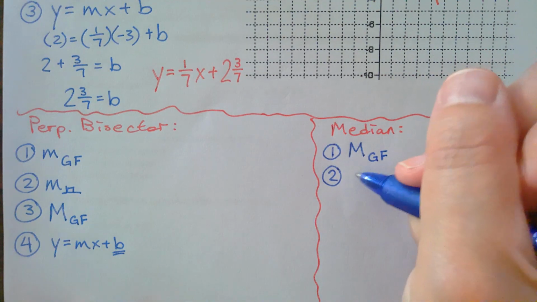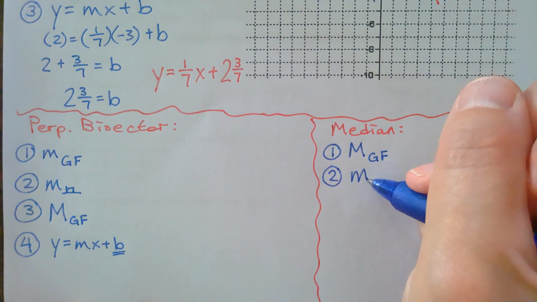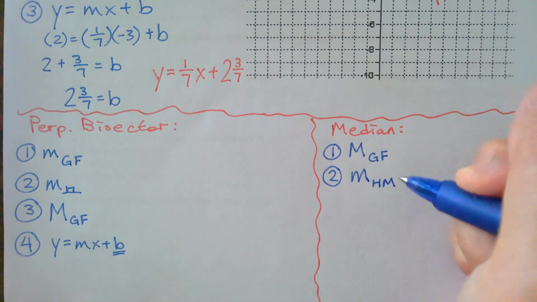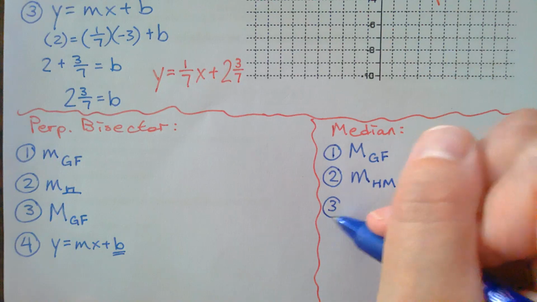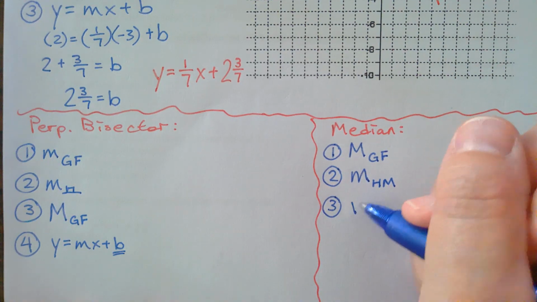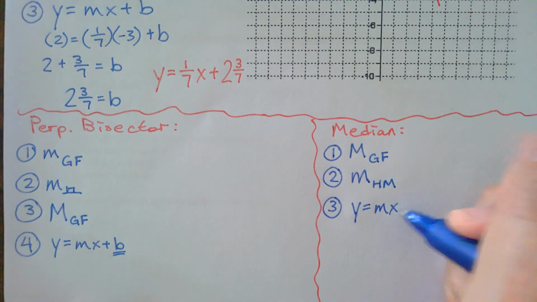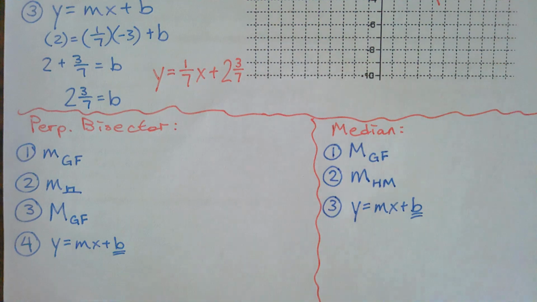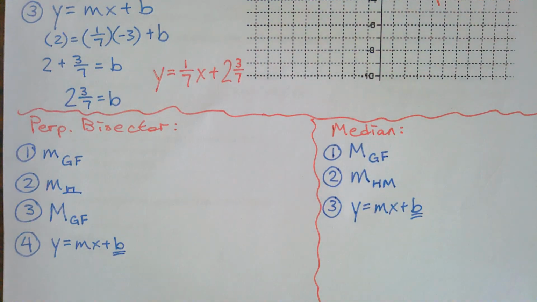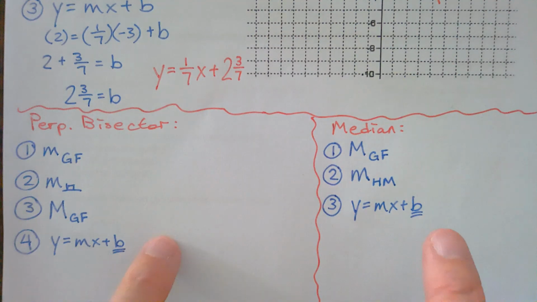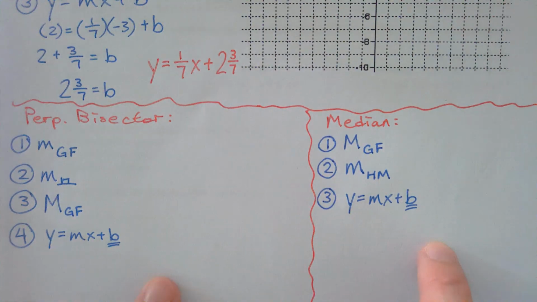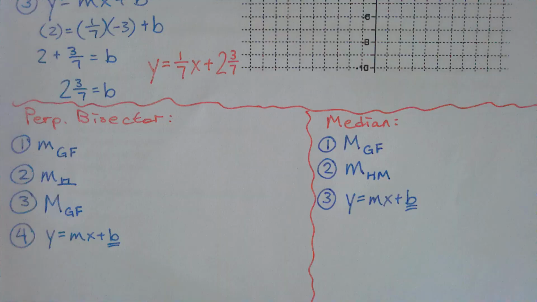Second step is to find the slope of H and M. Third step is to put it into y equals mx plus b. This is all for b. Okay, so I want you guys to try finding the equations of the perpendicular bisector and the median. I gave you guys the steps to go through it. Tomorrow we will take it up.